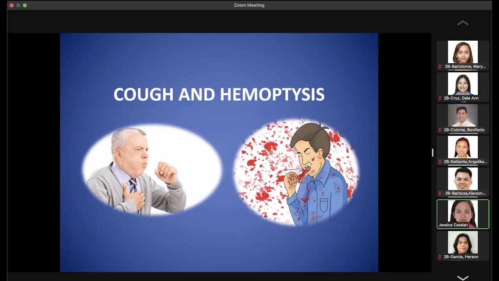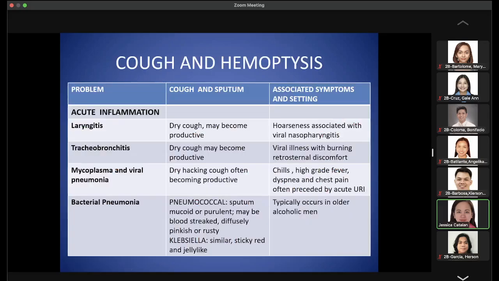Next symptom is cough and hemoptysis. So we'll stop na pag natapos natin yung cough and hemoptysis. So for cough and hemoptysis, what are the acute conditions? So for acute conditions, patients with laryngitis, di ba, may present with hoarseness and dry cough.